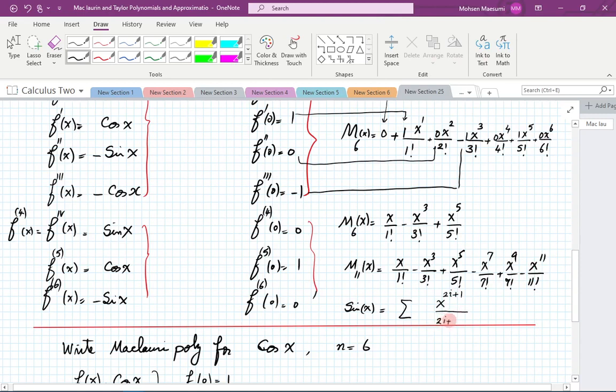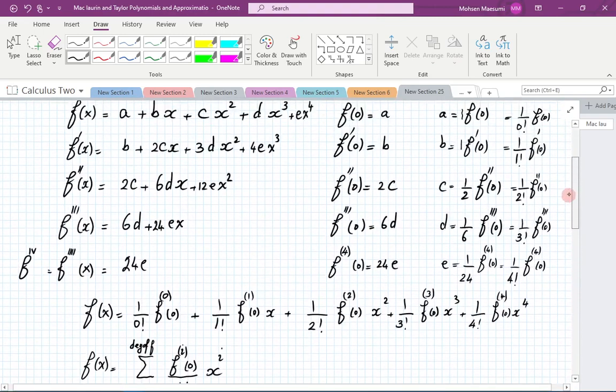The denominator is that odd number factorial, and here I have minus 1 to power of i again, ranging from 0 to infinity. So that is the Maclaurin series for sine of x.